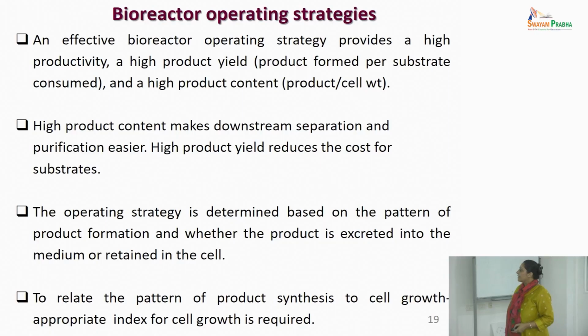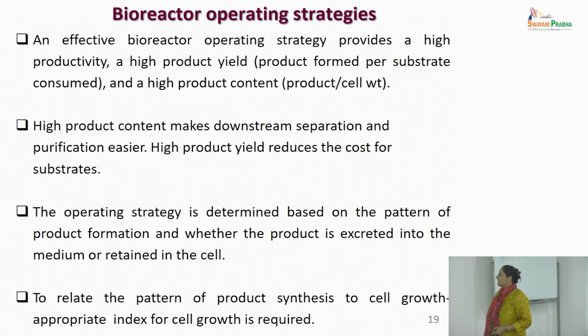To relate the pattern of product synthesis to cell growth, an appropriate index of cell growth is required. So generally in plant cell cultivations, although the phases of the growth remain the same as microbial cell suspensions, you will be able to see a lag, log, stationary, possibly a death phase, but we don't go till that point.